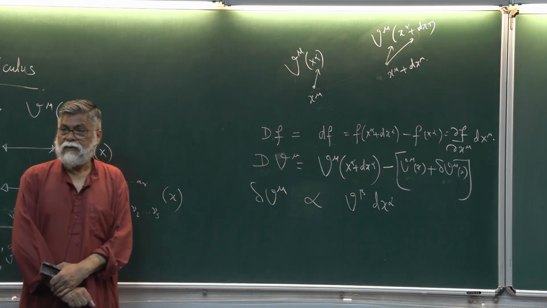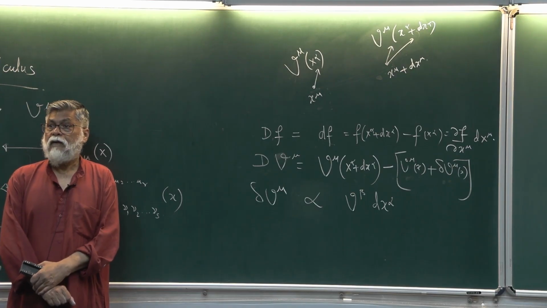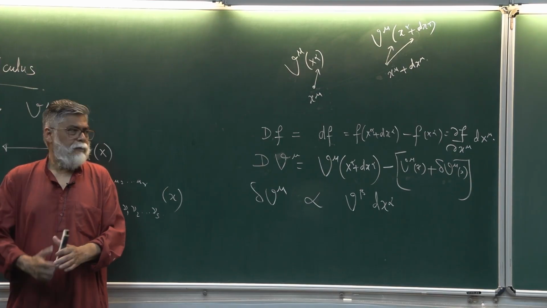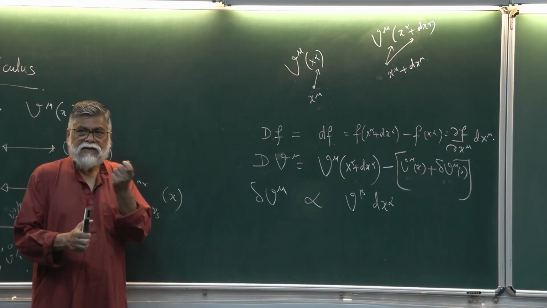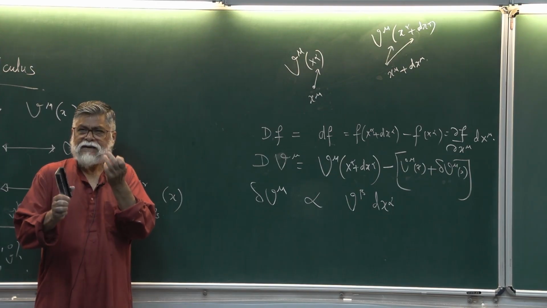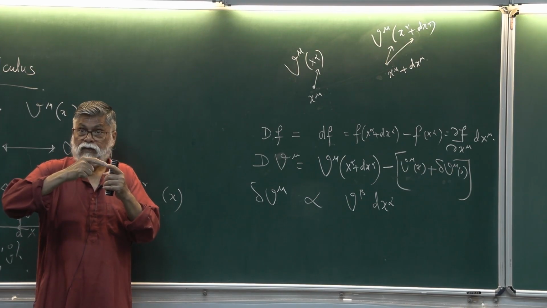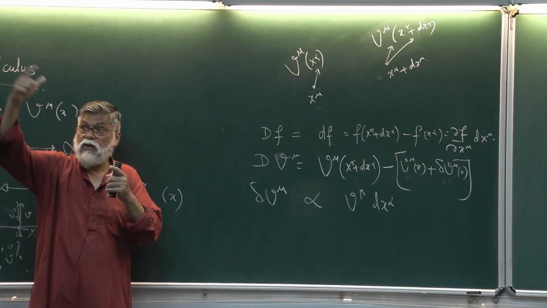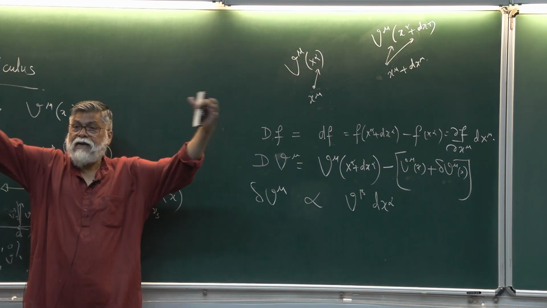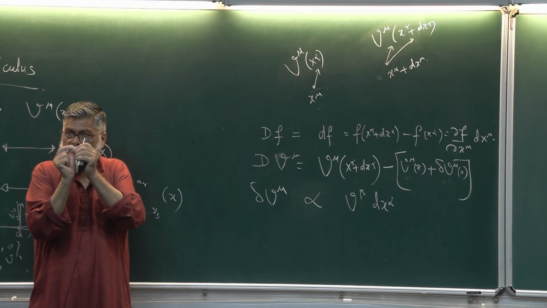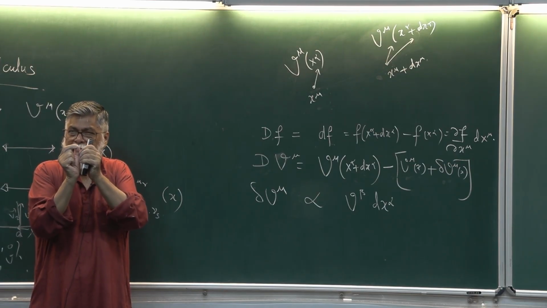Sir, is there any reason to assume that the relationship would be linear? Yes, because all these are infinitesimal changes. I am not going from x mu to x mu plus an arbitrary large number. We are only talking about how much change there is if you move a little bit, infinitesimally.